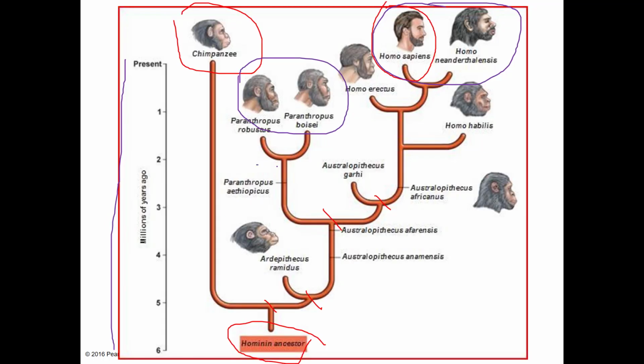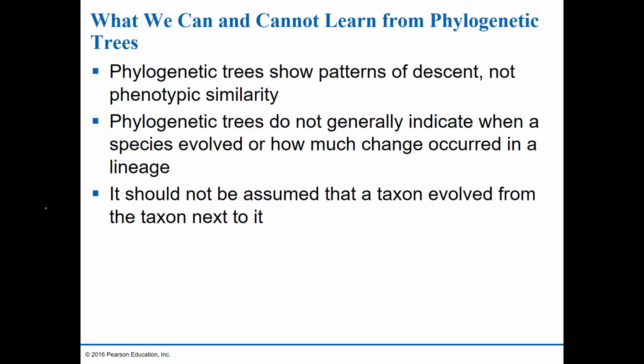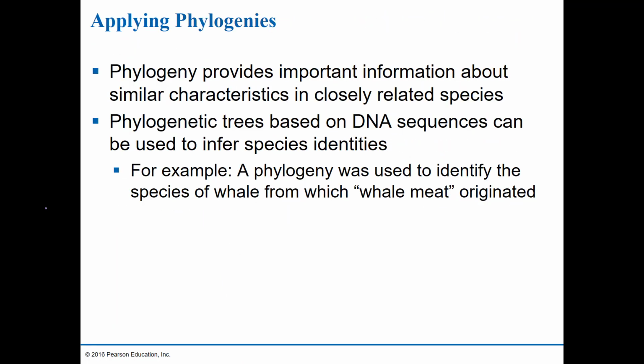So like this group shouldn't be assumed to have evolved from the guy right next to it, because probably there were many, many, many steps along the way between. The point is that a phylogenetic tree can be as inclusive or as exclusive, have as many holes in it as the person who made it wants, because it's trying to tell us something and it may not be telling us everything.